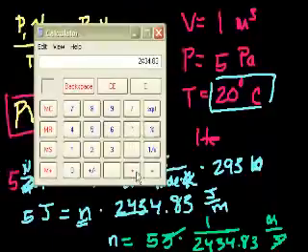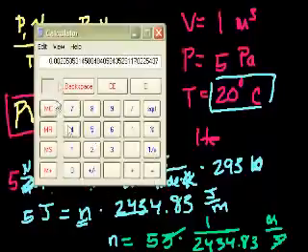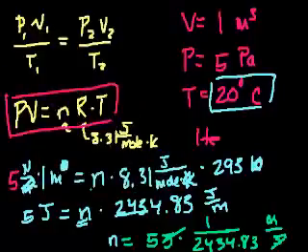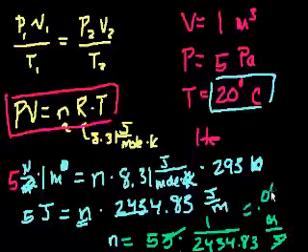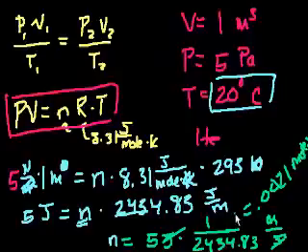So let's take the inverse of what I had there, times 5. So I get 0.002 moles. So this equals 0.0021 moles. Now that might seem like a small number to you, but let's figure out how many molecules that is.